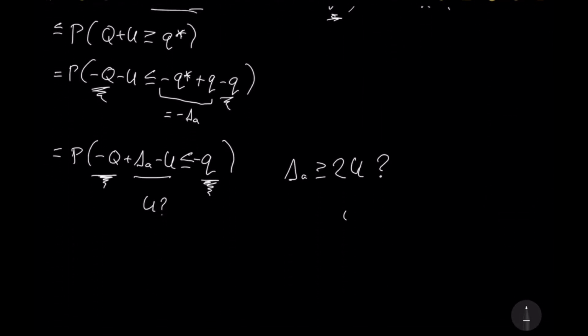We know from equation 1 that n times delta is greater than xa, which we haven't determined yet, times the logarithm of the time step n. So that means delta a is larger than xa times the logarithm of n divided by n.